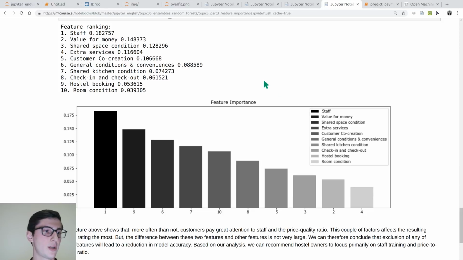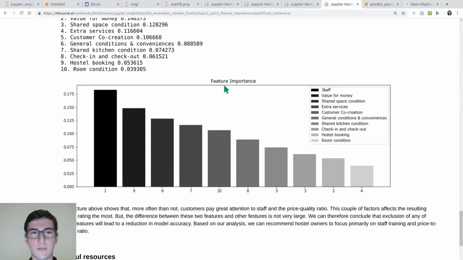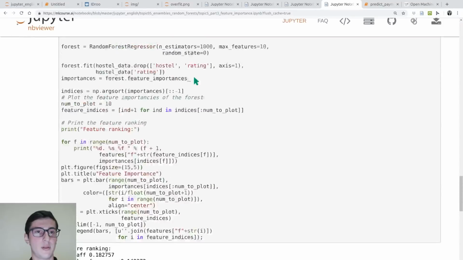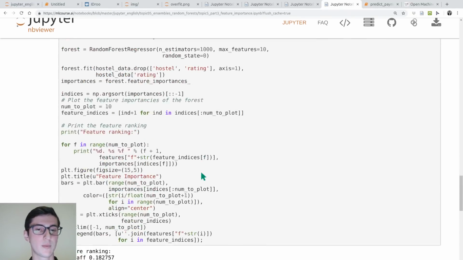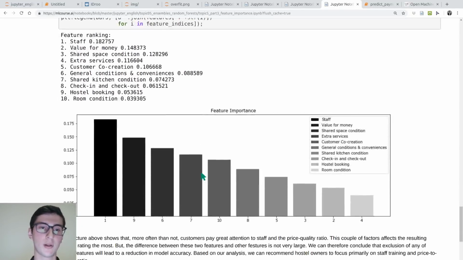It was actually a content analysis done by researchers, and people manually extracted things like staff or value for money mentioned in user reviews. And then you see here a regression is built, so the target feature is the hostel rating, the average review rating for a hostel.